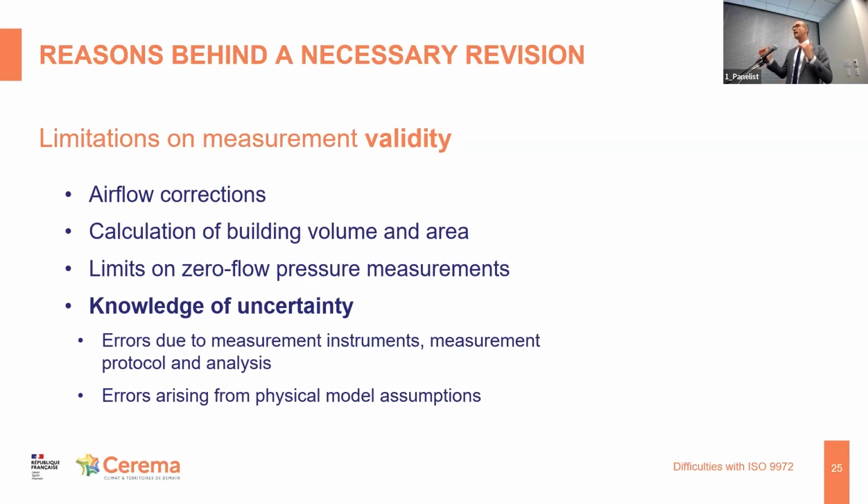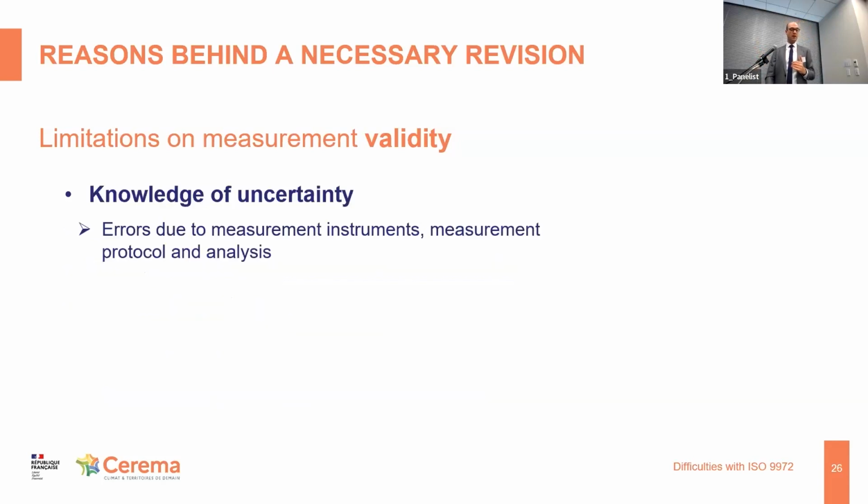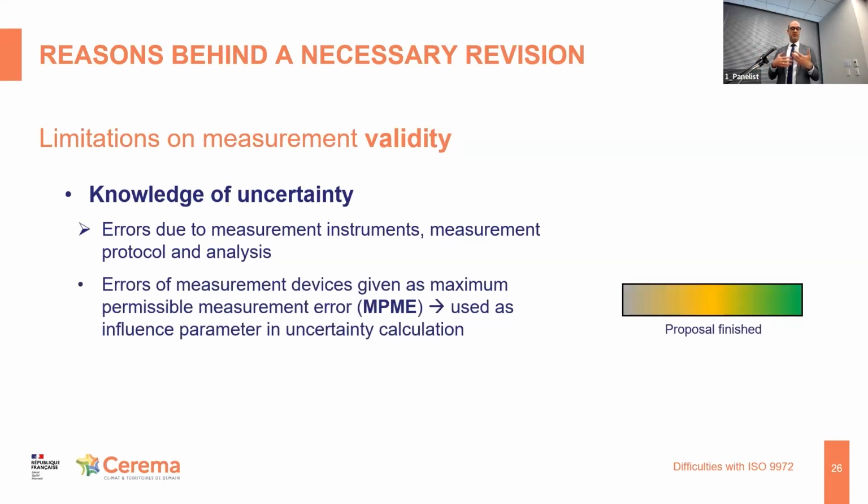And finally, the knowledge of uncertainty. There are two kinds of uncertainty in the standard. The first one is due to the measurement instruments, measurement protocol, and analysis. For example, the errors due to the measurement devices themselves, which are given in the standard. We revised this part so that every measurement device has to give the error according to the maximum permissible measurement error, to be used as an influence parameter in the uncertainty calculation.